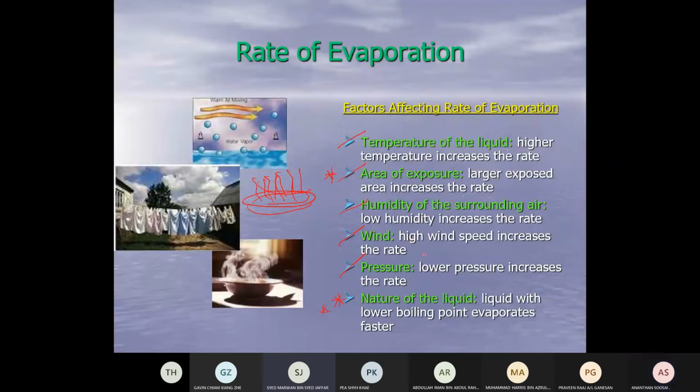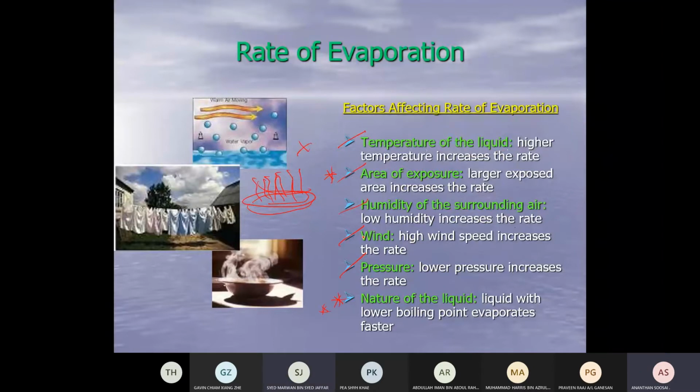So which of these factors affect boiling? Similar to evaporation. Anyone? Temperature, pressure, and nature. The temperature of the liquid. Anything else?